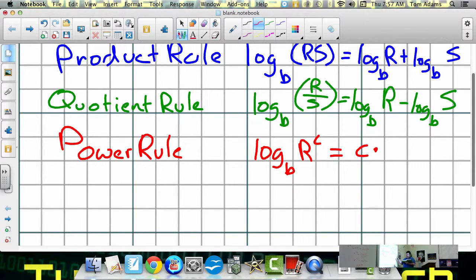So it's the same as C times the log base B of R. Does that make sense? I'll give you guys a second to write that down. This is in your book on page 310.